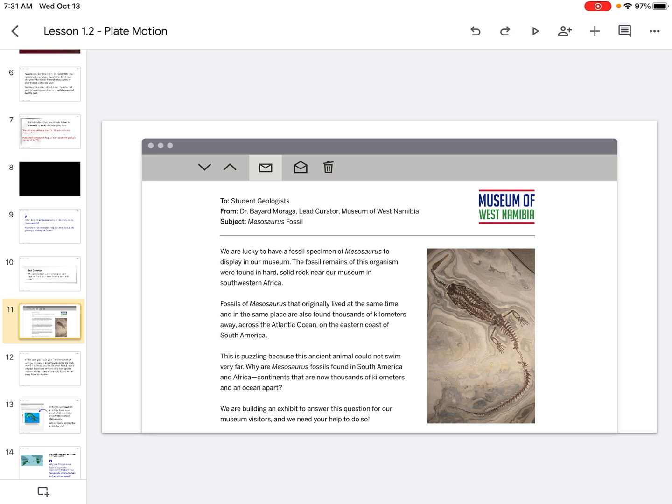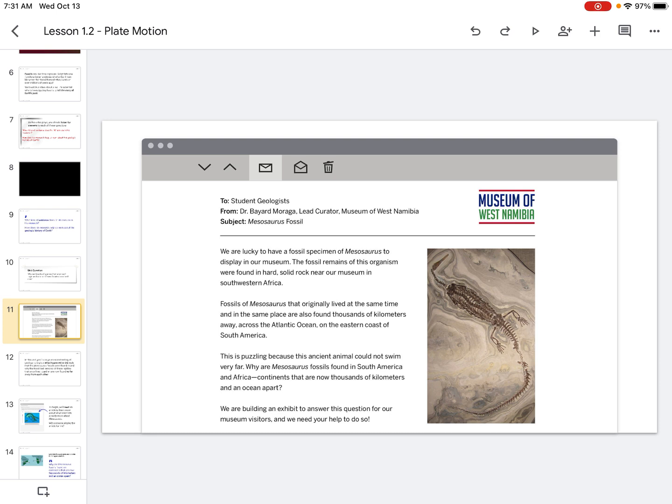Fossils of Mesosaurus that originally lived at the same time and in the same place are also found thousands of kilometers away across the Atlantic Ocean on the eastern coast of South America. So if you can think in your mind's eye, I've got a picture later on of the 2 continents. We've got Africa, you've got South America. This Mesosaurus lived during one time period and only really in one place.